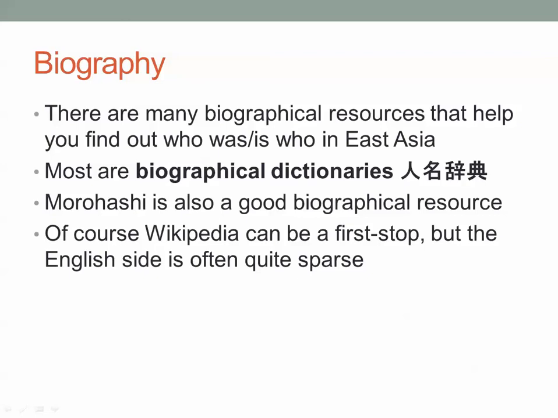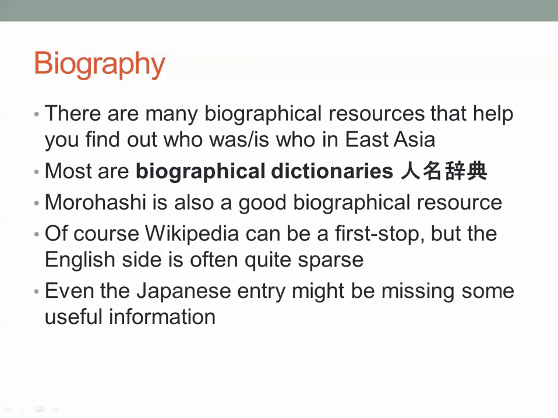So that's one reason why I can't just say, oh, don't depend on Wikipedia. All that said, even the Japanese entry on a person might be missing some useful information because, as we know, Wikipedia is run largely by volunteers, and if somebody just hasn't bothered to put that information in about a particular Japanese person, then it's just not going to be there.